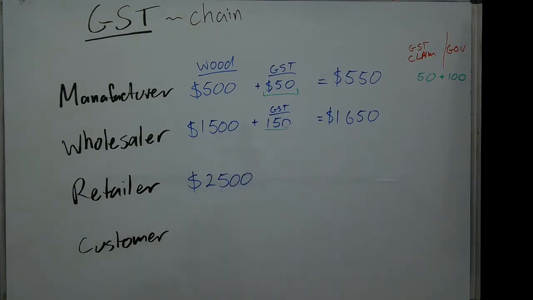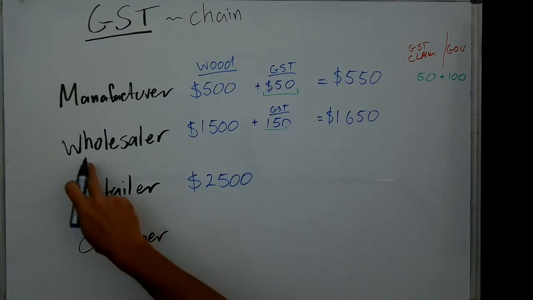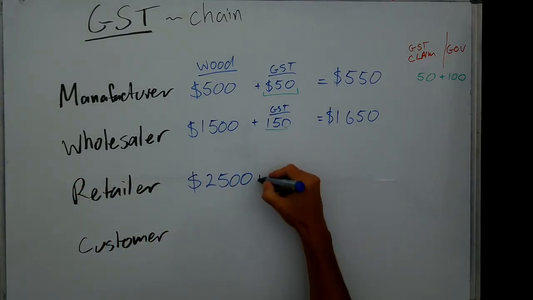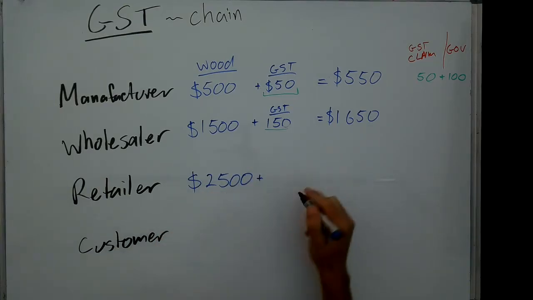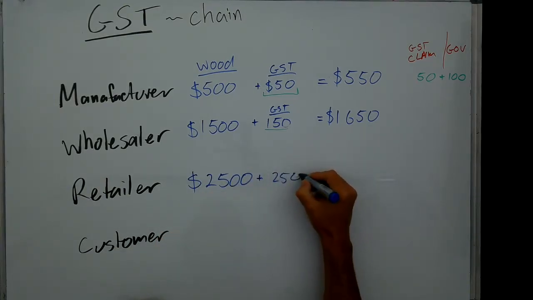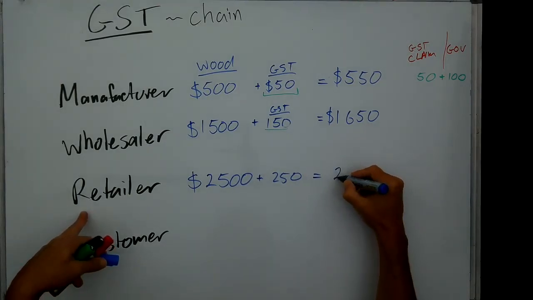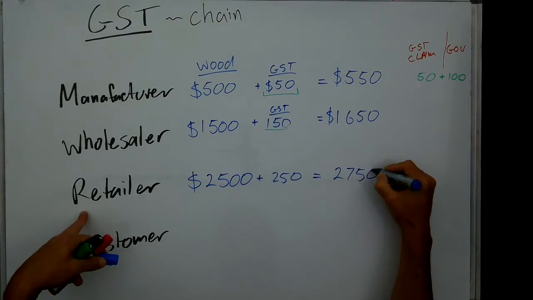But the wholesaler has to charge GST on this, so they're going to add 10%, which is $250. So in total, the retailer pays $2,750.